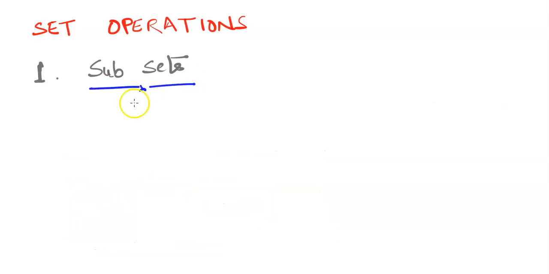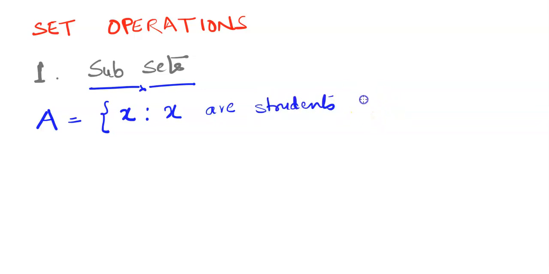Subsets. So what does that mean? Let's say there is a set A which takes all values x, so that x are students of a school.